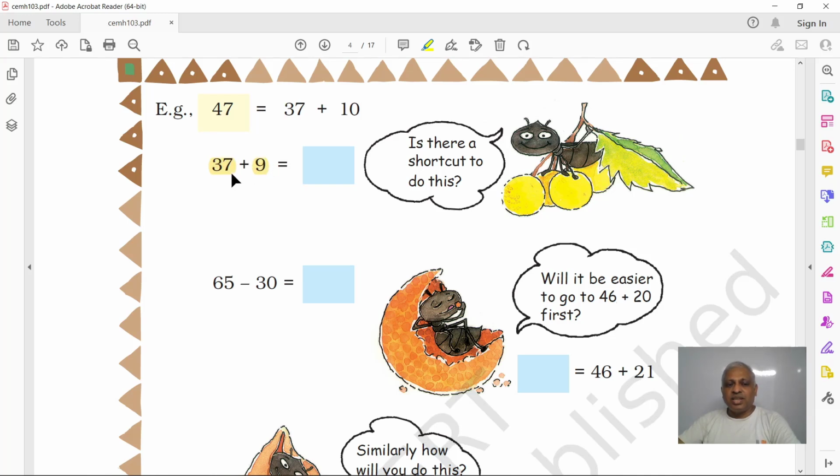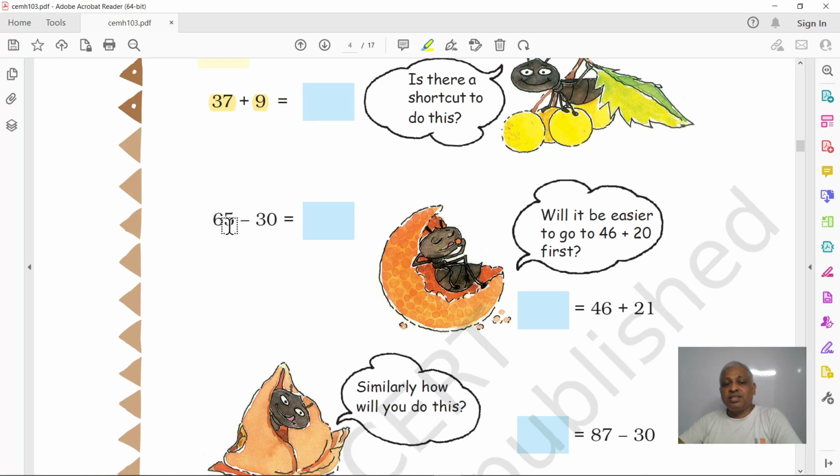Simple thing is, either take 3 from this 9, add to this 37, or take 1 from 37 to make this 9 10. So the addition becomes simple, right? What will be the answer? So if you take 1 and add to the 9, this is 10, this is 36. 36 plus 10, 46, right?